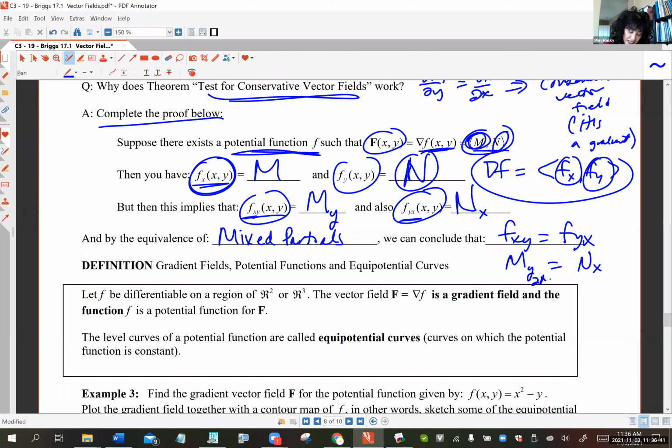But that's basically saying the same thing as dM/dy has to be the same as dN/dx. Okay? And so that is the mini proof of why this all works out, in that conservative vector fields are gradients, and they are gradients from some potential function. I like to call it the mama function.